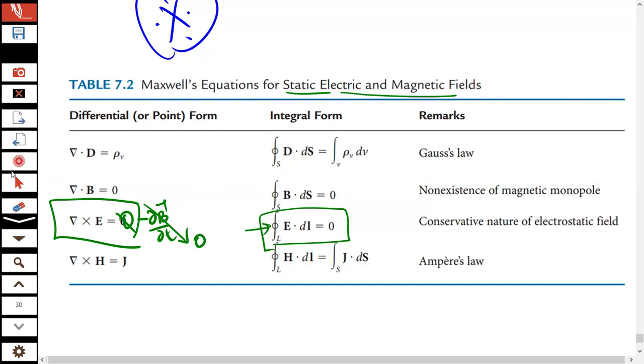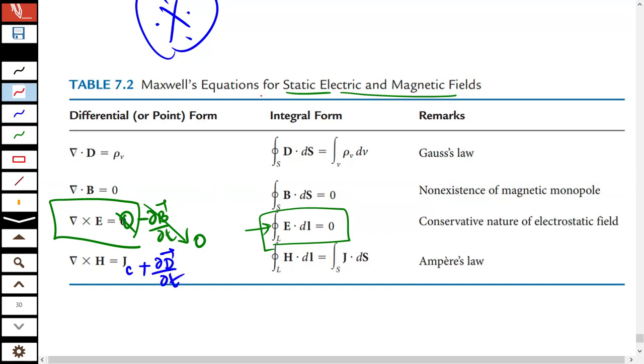And similar to this, when we discuss the Ampere circuital law for static fields, it is only conduction current density Jc. In case of time varying fields, we had the time varying parameter, which is dou D by dou t in addition. This is the displacement current density.